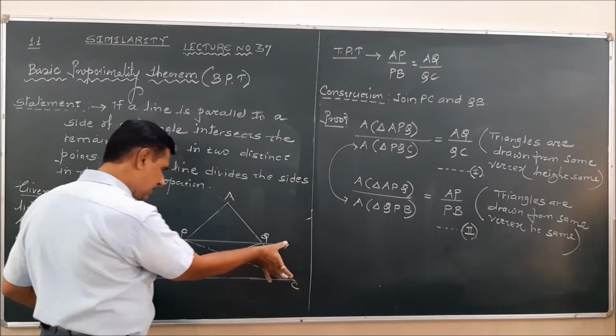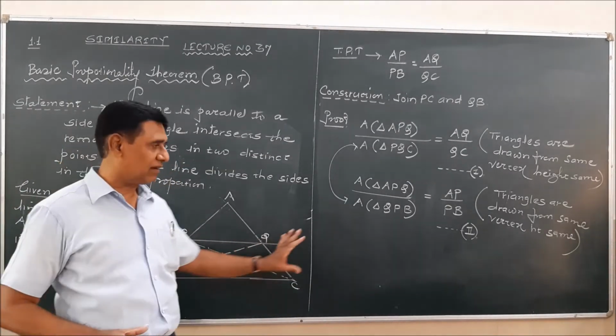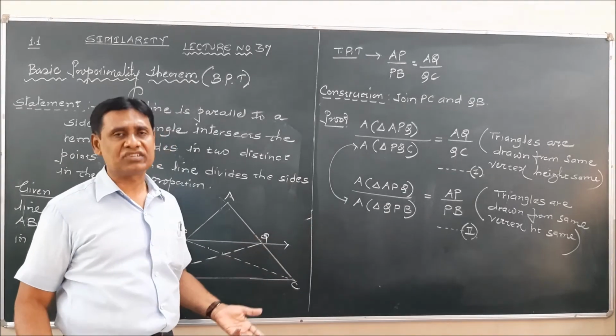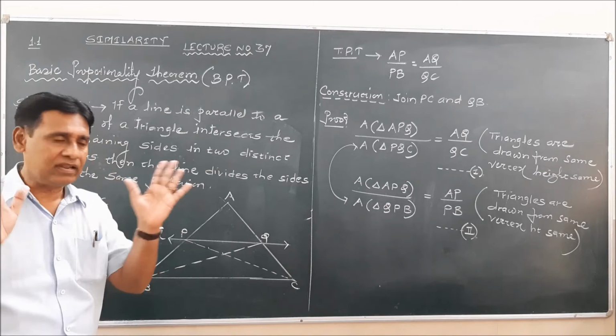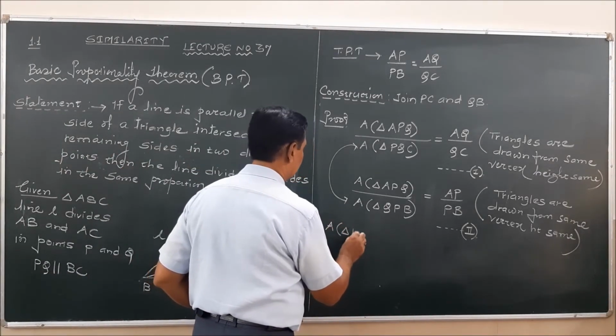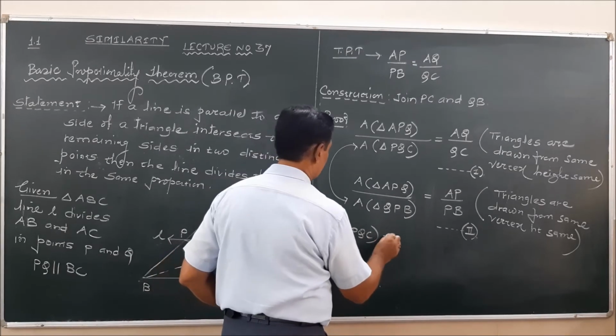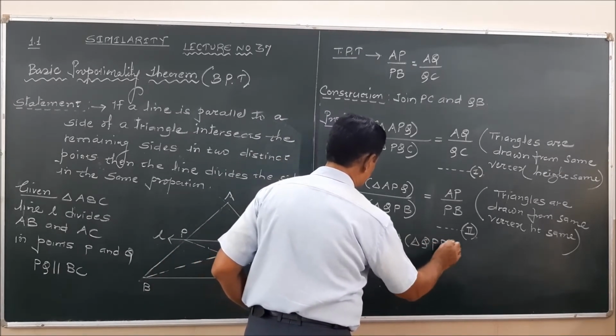So this distance is same all over. If this distance between the parallel lines is same all over, naturally height same, base same, area is same. So area of triangle PQC is equal to area of triangle QPD.